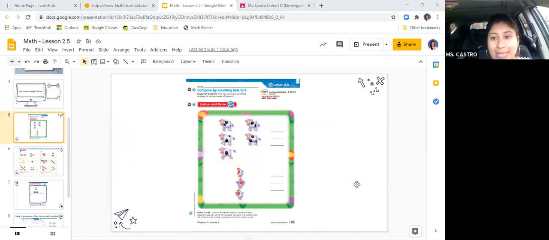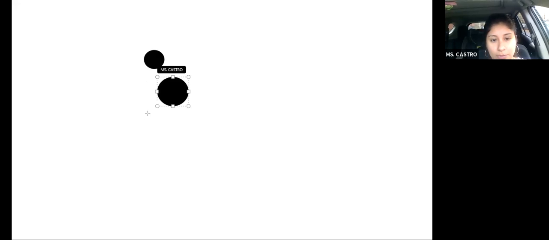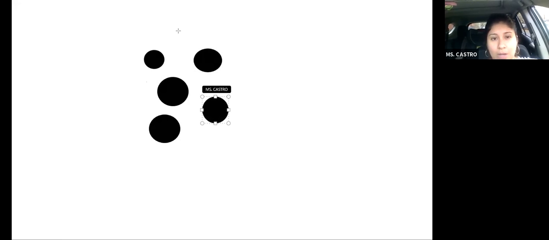What we're going to do is count and label the cows first. So I'm just going to draw some black circles, and those will be my cows. All right, so for the cows, I'm now going to count and label how many cows we have.